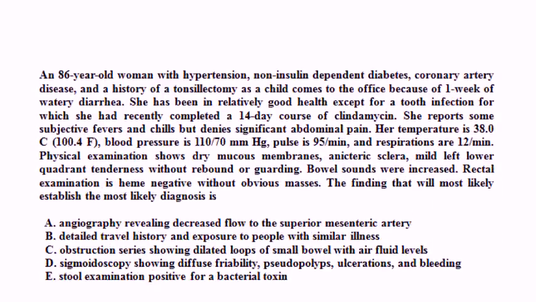So here we go. 86-year-old woman with hypertension, non-insulin dependent diabetes, coronary artery disease, and a history of tonsillectomy as a child comes to the office because of 1 week of watery diarrhea. She has been in relatively good health except for a tooth infection for which she had recently completed a 14-day course of clindamycin. She reports some subjective fevers and chills, but denies significant abdominal pain.